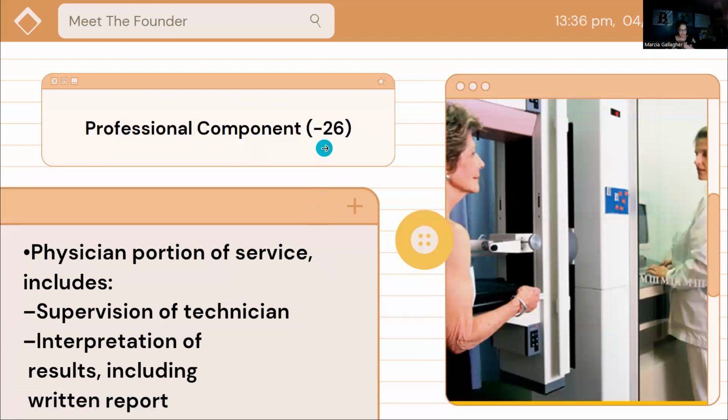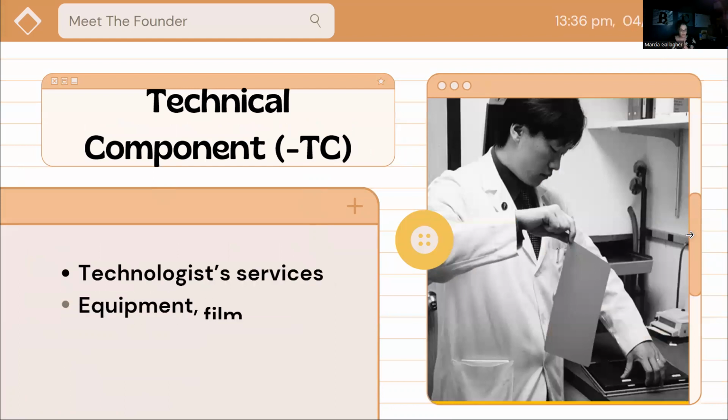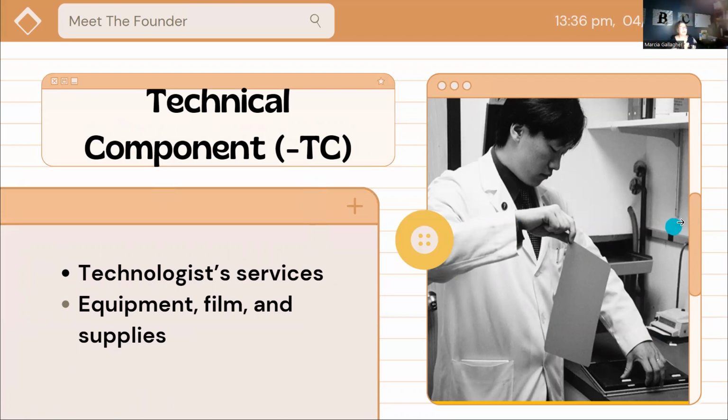That's what 26 is. The technical component is only your technician and the radiology machine, the supplies, the film, things like that. Okay, I hope you understand those two. I hope that I explained them in a way that made sense.